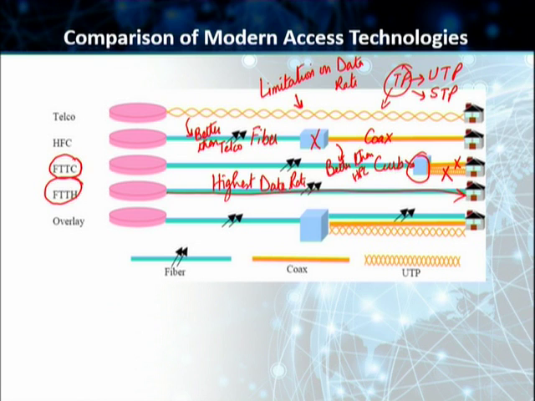FTTH is the choice of today. We already have companies in your country which are using HFC as a medium. Some ISPs are using FTTC or fiber to the curb, and other ISPs available today are supplying FTTH, fiber to the home, at a very minimal cost, and it's not out of pocket anymore today.